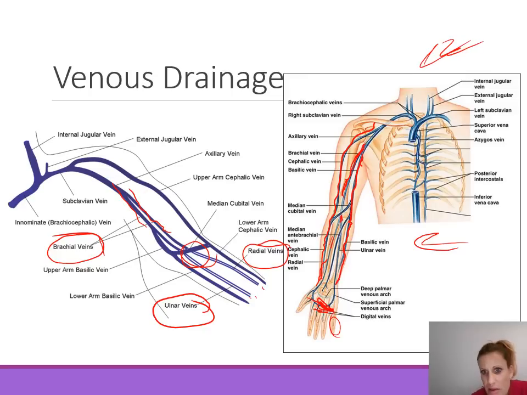Here you can see that the basilic vein merges with the brachial vein. That gives us the axillary vein. Then you see that later, right, a little bit after that, the cephalic vein jumps in with the axillary vein or merges with the axillary vein. Shortly after that, the axillary becomes the subclavian.